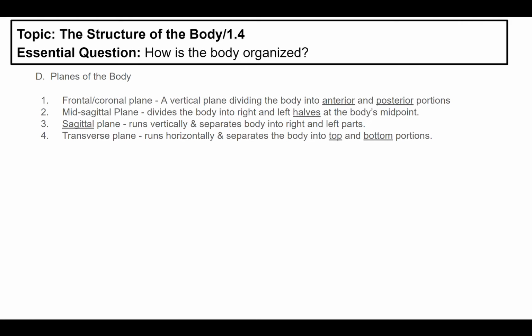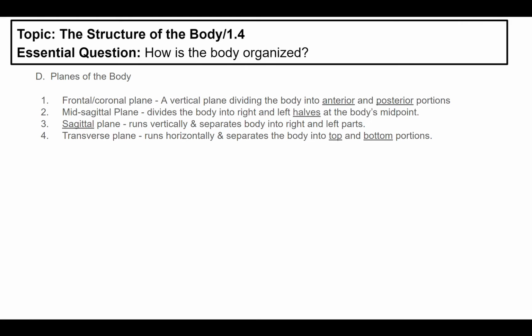A sagittal plane still divides you into right and left parts, but it may not be equal. Mid-sagittal is the only one that is specifically just one plane that divides you into equal parts. You can have multiple sagittal planes dividing you into right and left parts, but not specific halves.